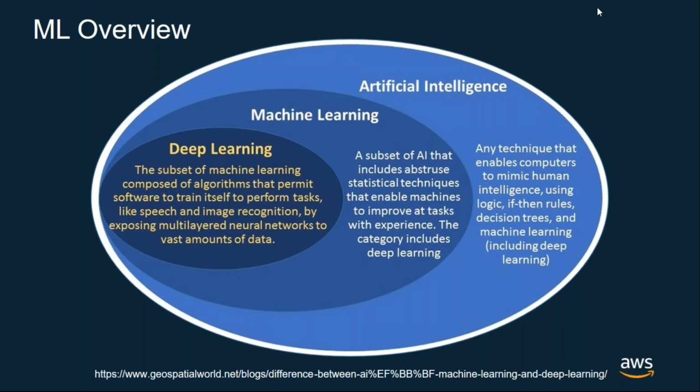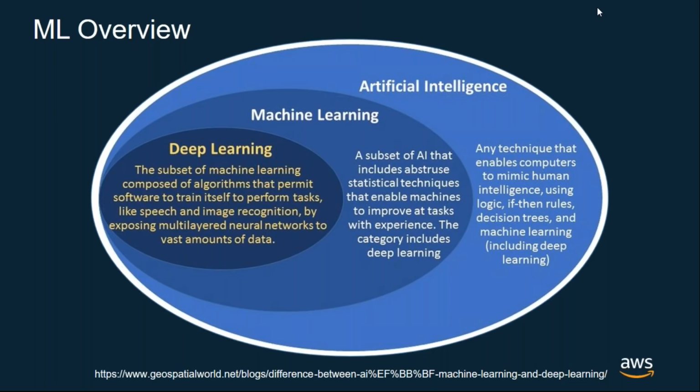And then a subset of that very broad definition of AI would be machine learning, which is the subset of artificial intelligence that includes statistical techniques that enable machines to improve at tasks with experience by learning on a data set. And then one subcategory of machine learning would be deep learning, which has really taken off in the last 18 to 24 months with some advances in neural nets. We can define deep learning as the subsegment of the machine learning family composed of algorithms that permit the software to train itself to perform tasks.